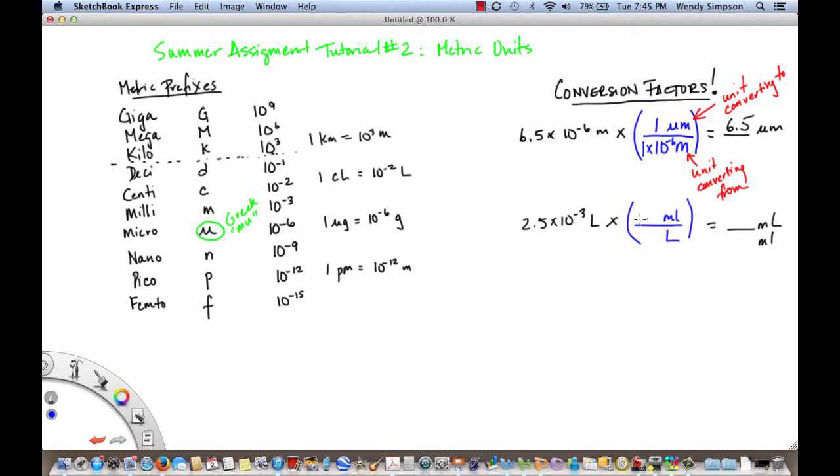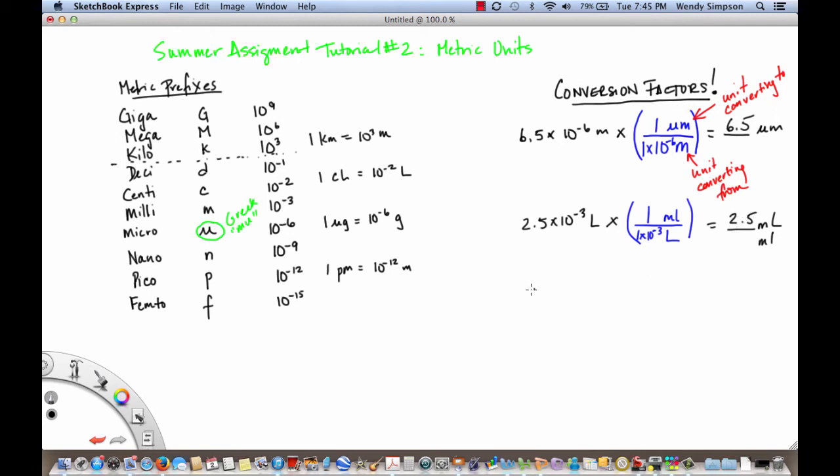All right, so 1 milliliter is 1 times 10 to the minus third liters. So my problem becomes 2.5 times 10 to the minus third divided by 1 times 10 to the minus third. So the 10 to the minus thirds cancel out, and I end up with 2.5 milliliters.